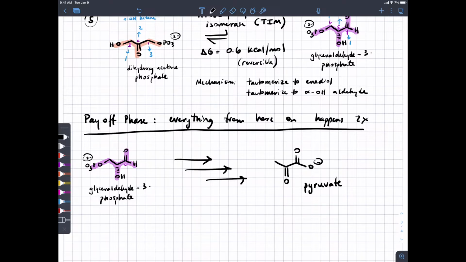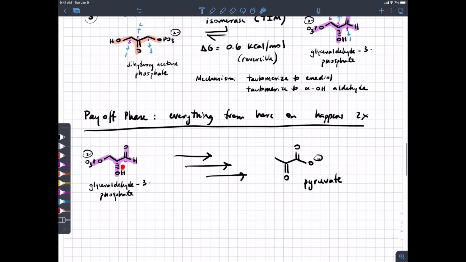If you look at what's going to have to change as we do this, we need to turn an aldehyde into a carboxylic acid. So that looks like an oxidation reaction. And then we need to get rid of the phosphate group and turn this secondary alcohol into a ketone. And then we also need to get rid of this alcohol and replace it with a CH bond.